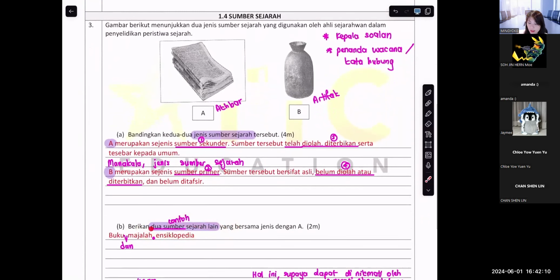For example, dua sumber sejarah lain adalah buku dan majalah. You do not need to write what? Dua sumber sejarah lain, yaitu buku, full stop. Seterusnya majalah. No need. You can just write dua sumber sejarah lain, yaitu buku dan majalah. You see, I will put one more extra as a backup.